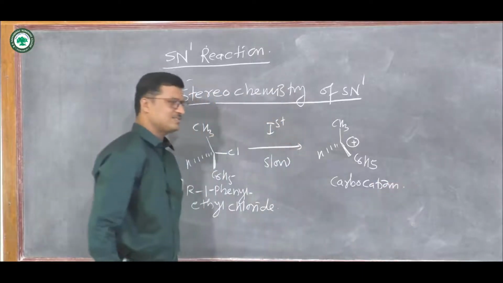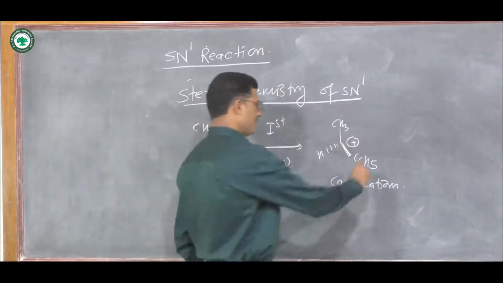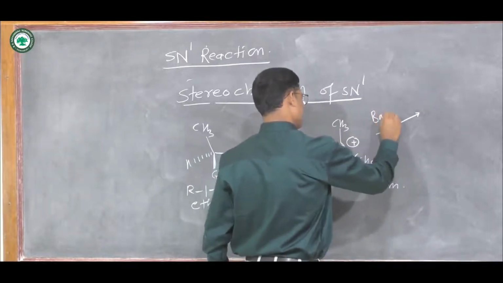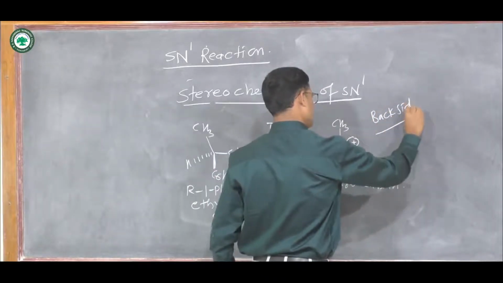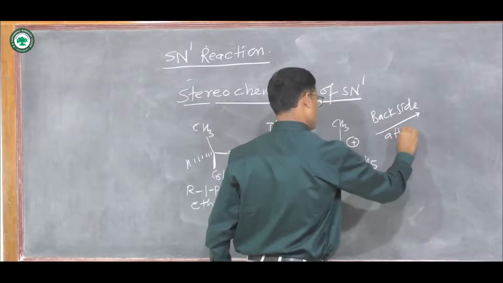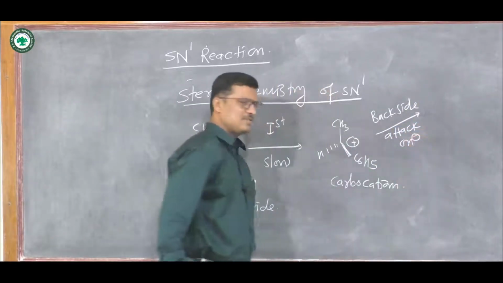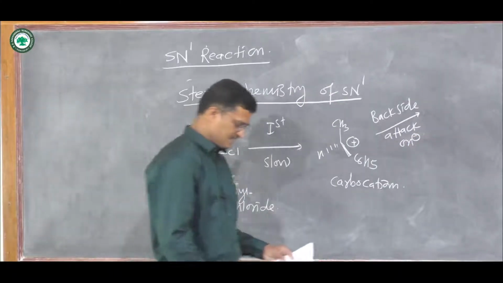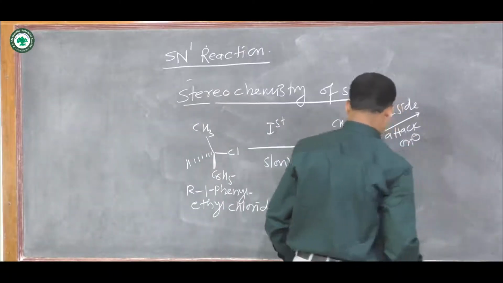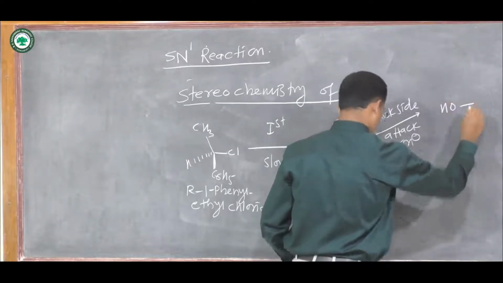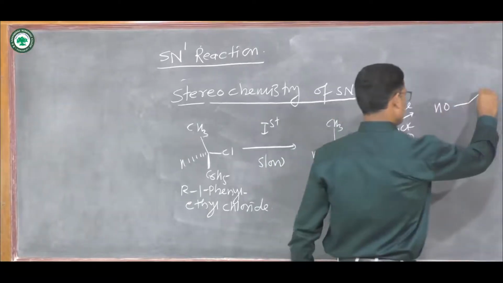When the carbocation is formed, the attack of the nucleophile takes place from the back side. Backside attack of OH, and when it takes place, we get this type of product.